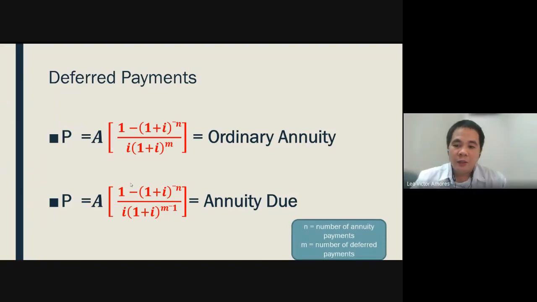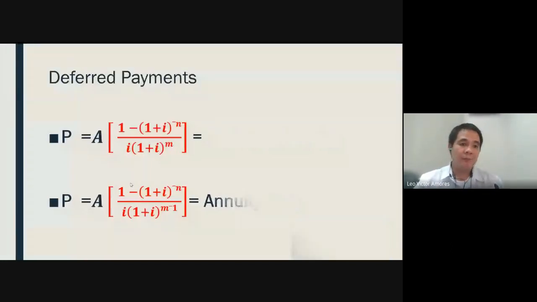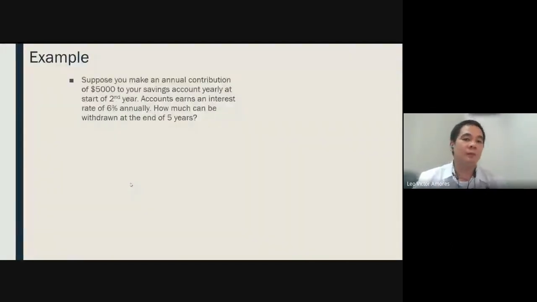Where n refers to the number of annuity payments, that is, the number of payments you pay, or how frequent the payments are. And number 2, your letter m indicates the number of deferred payments, or the number of years the payments are lacking. So, say for example, you have this problem.